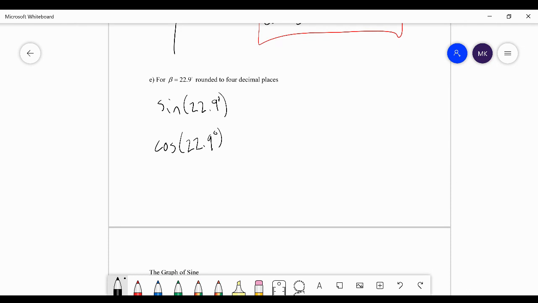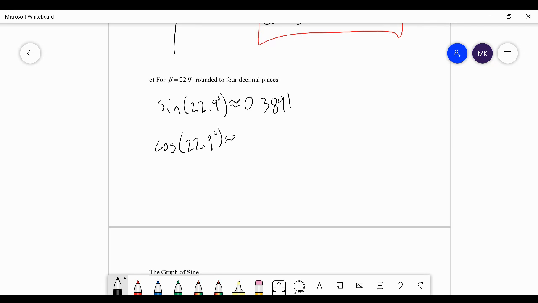So very simply, once we're in degree mode, we go sine 22.9. We hit enter and we get 0.3891239501. So if we want to round this to 4 decimal places, we would say that this is approximately 0.3891.